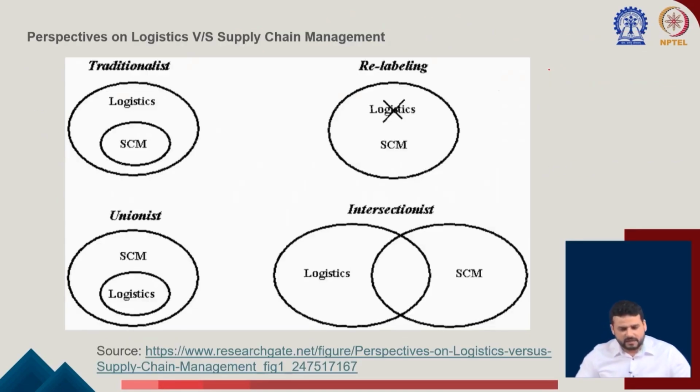There is again a different viewpoint. Traditionally they say that logistics is the broader picture and supply chain management is the small picture under it, but that is a very old school of thought. First we identified that logistics is a separate functional unit that requires special attention.